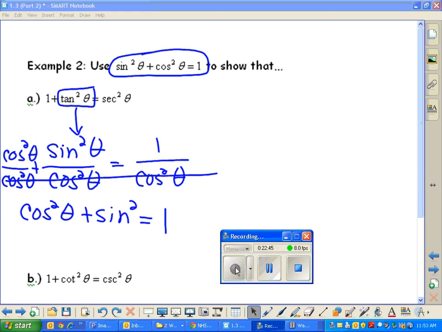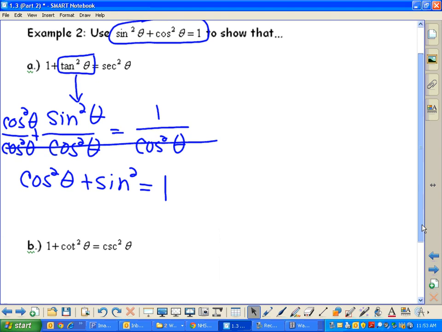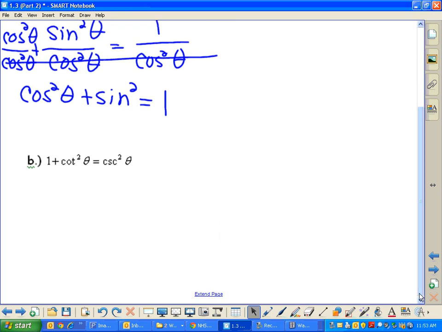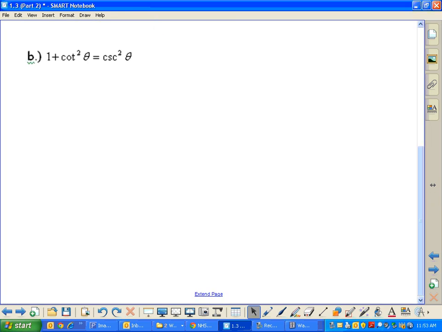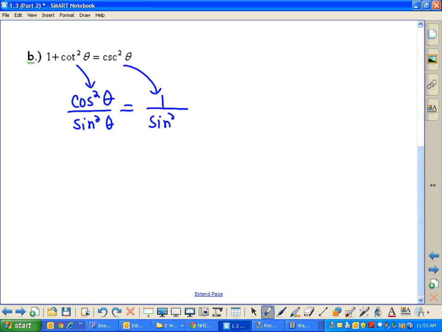Good. So I was just going to go over it with you real quick. You did a nice job. What I see people doing is using their quotient identity for cotangent to get started. So our quotient identity for cotangent is cosine squared theta over sine squared theta. Our reciprocal identity for cosecant is 1 over sine squared theta.